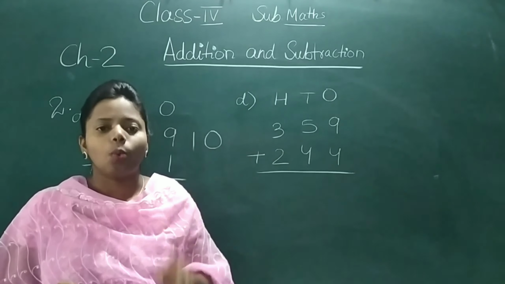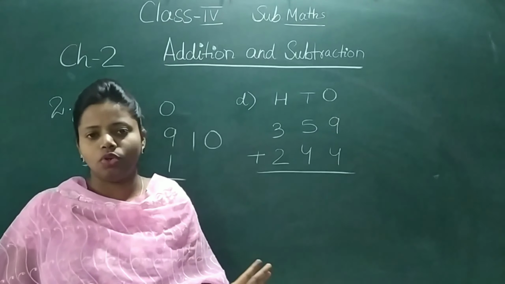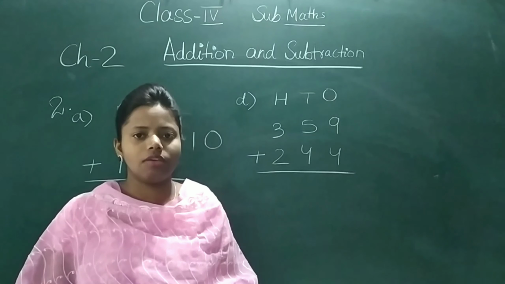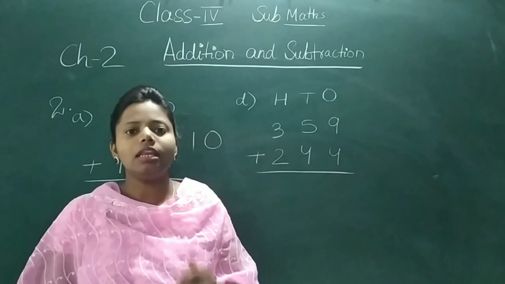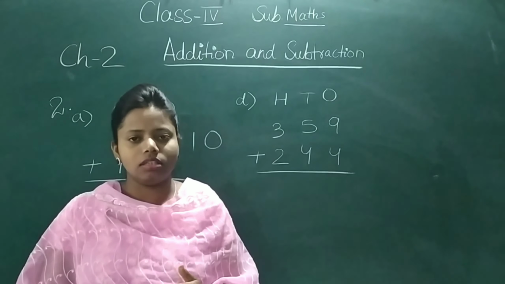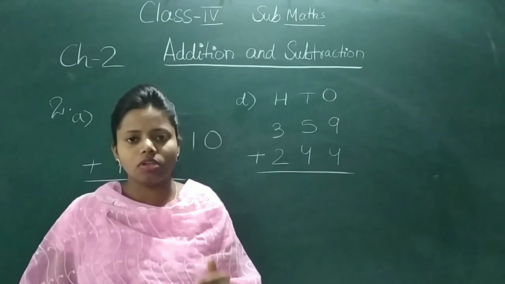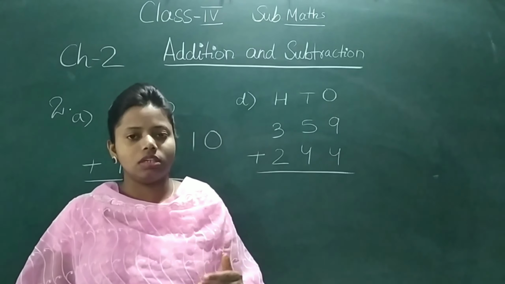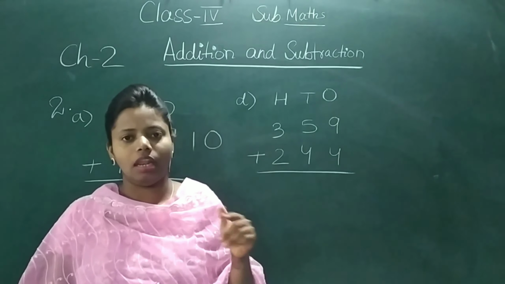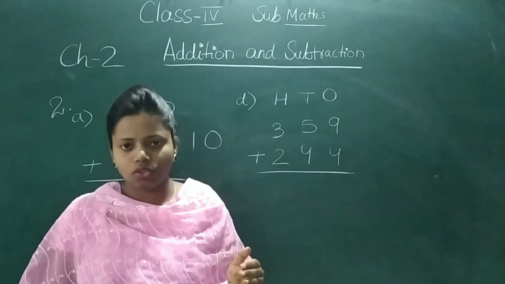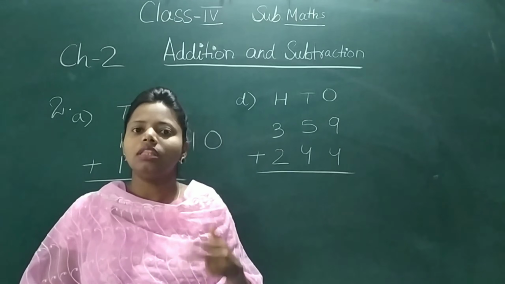And if you get a 1-digit number, 1, 2, 3, 4, 5, 6, 7, 8, 9, that means you don't have to carry because they are 1-digit numbers. But if you get a 2-digit number, 10, 11, 12, like that, then you have to carry. Understood?